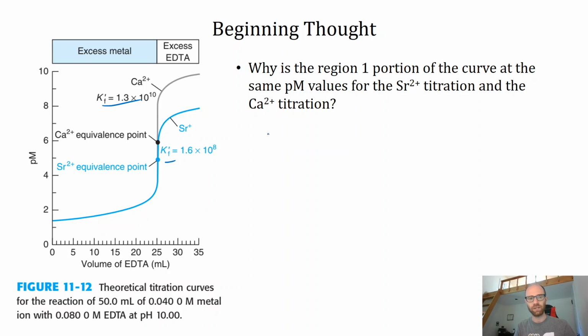Remember that for our region 1, our assumption is that whether or not it's strontium or calcium, the reaction with EDTA has such a positive K value that we're going to basically consider it a one-way process.